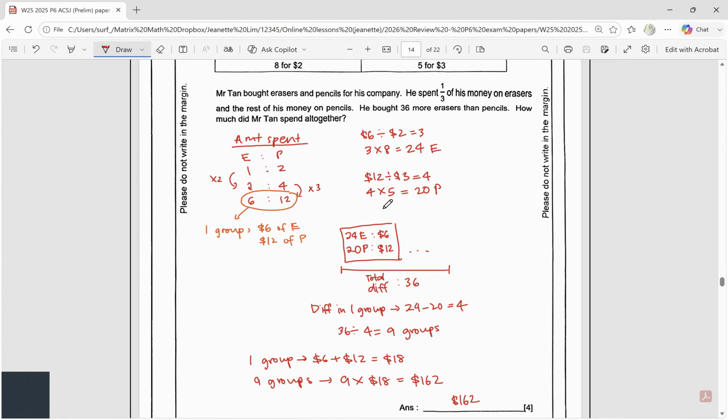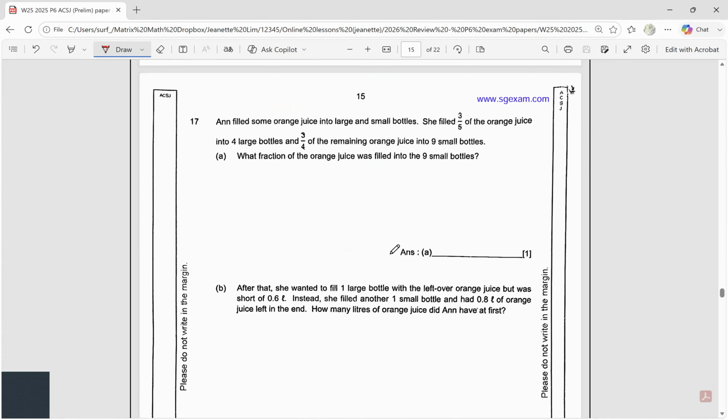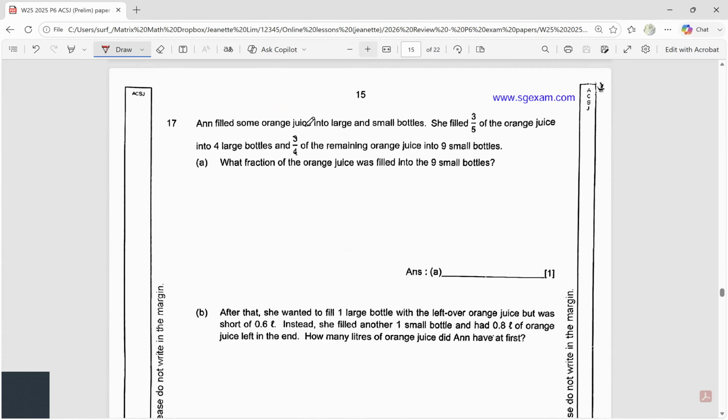Last question, question 17. Anne filled some orange juice into large and small bottles. She filled 3/5 of the orange juice into 4 large and 3/4 of the remaining into 9 small. So part A, what fraction was filled into the 9 small? Okay, so we have 3/4 of the remaining.